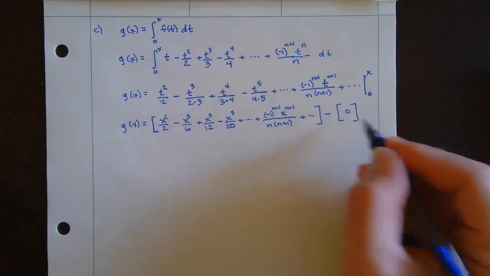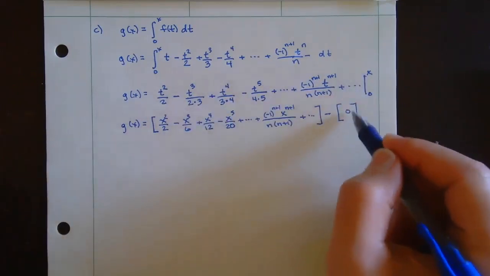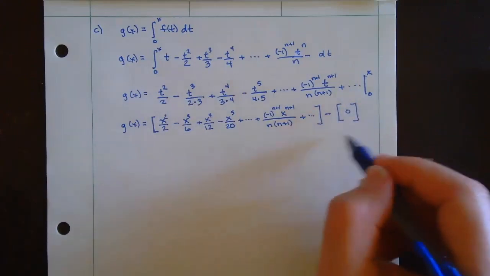I'm just putting that because I want you to realize we put x in and then we put 0 in, but when we put 0 in, that's going to be 0. So really this doesn't need to be here.